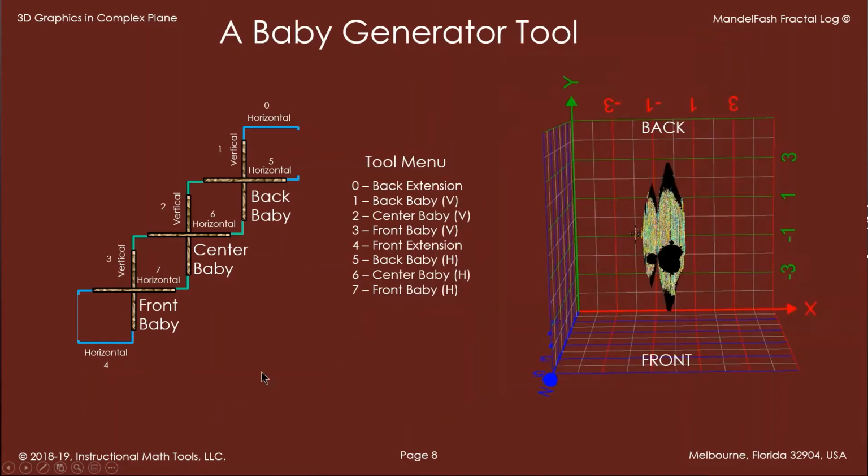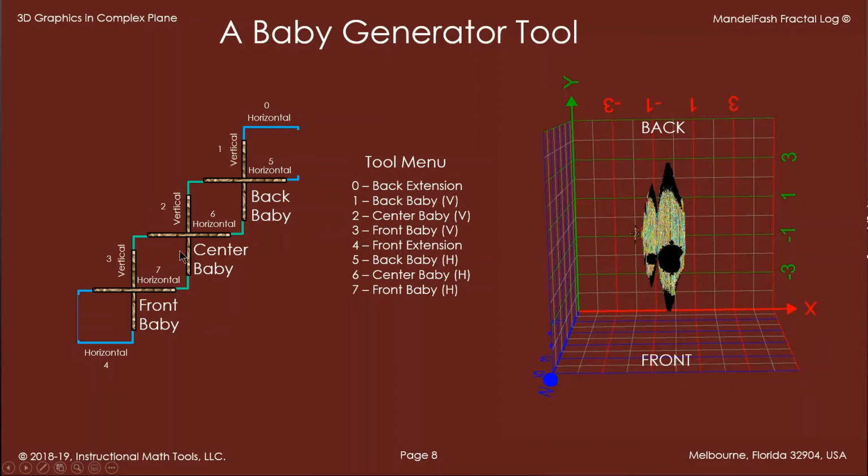Okay, so why are we talking about that? Well, there's a tool, a baby generator tool, and here's the tool menu. If you type in a 0, you'll get the back extension. You'll get this guy right here. If you type in 1, you'll get the back baby vertical, this guy right here. If you type in 2, you get the center baby vertical.